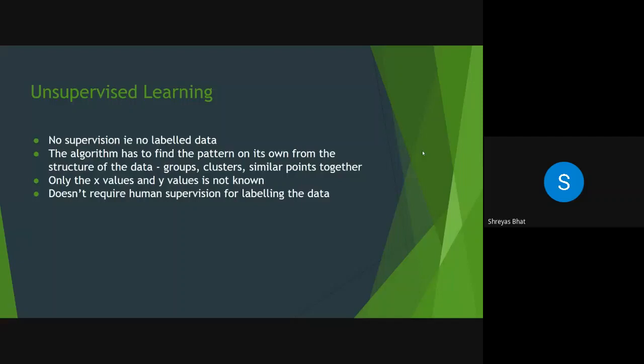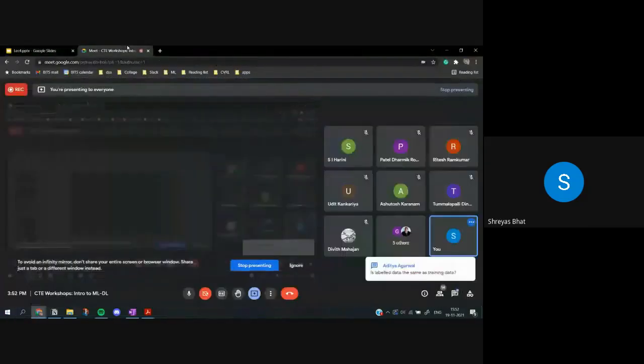The algorithm has to find the pattern on its own from the structure of the data. The data can be present in the form of groups, clusters, similar points. Only the x values are known and the y values are not known, and it doesn't require human supervision.